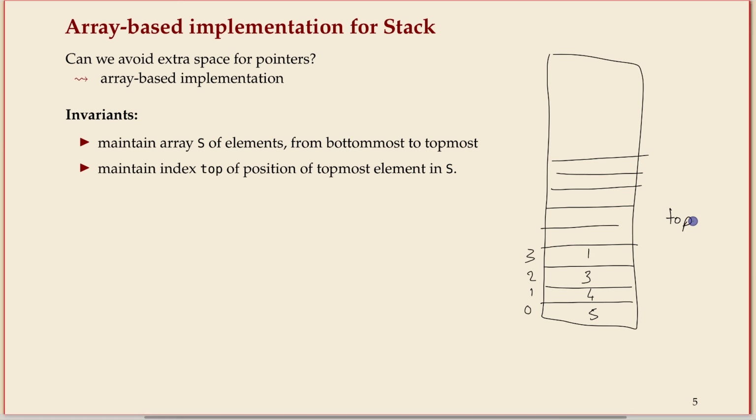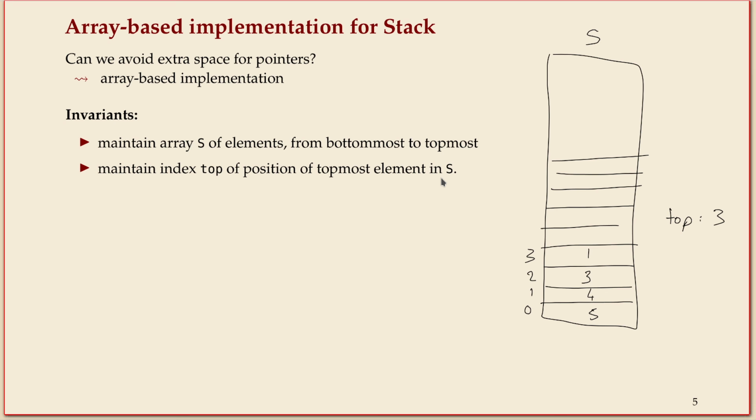And we have again a top, a variable for the entire stack, and that just stores the index of the topmost. No one can read this, but it's supposed to be a 3. So we just store the index of the topmost element currently in the stack. So we have this array S, and we maintain the topmost position.